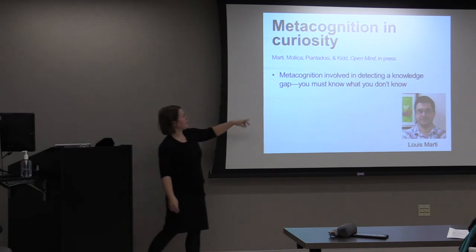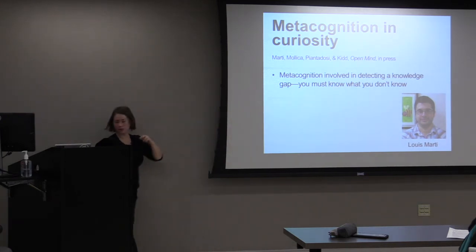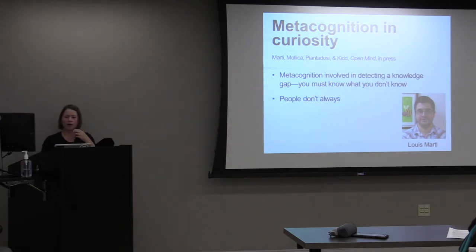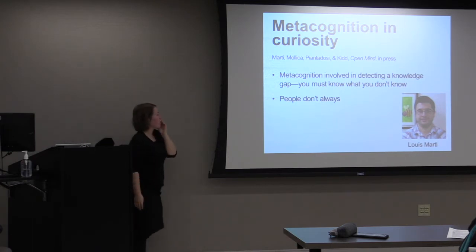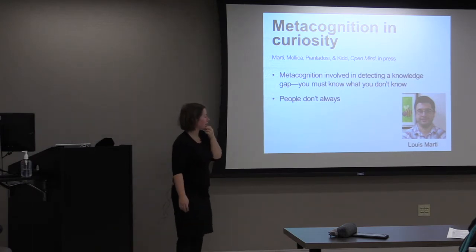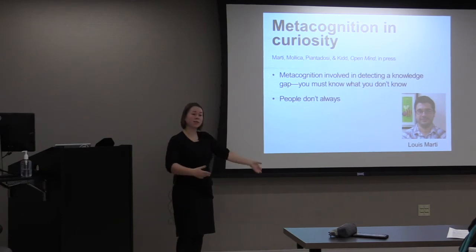Metacognition is involved in detecting a knowledge gap. You have to know what you don't know, but people don't always know what they don't know, and this has been a source of inspiration for him. He got interested in science initially through the skeptic movement, and he is especially interested in understanding why people can be very confident about things that are not right.